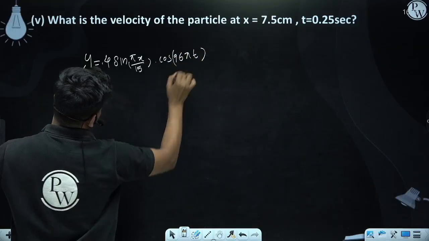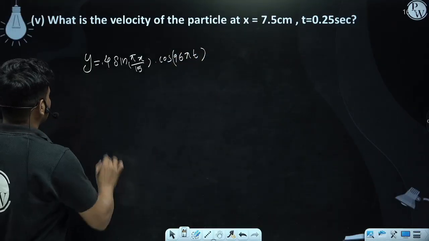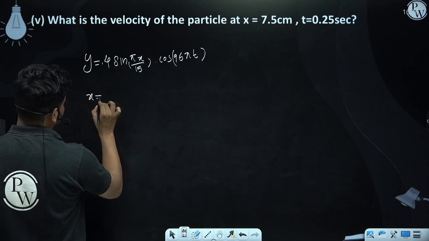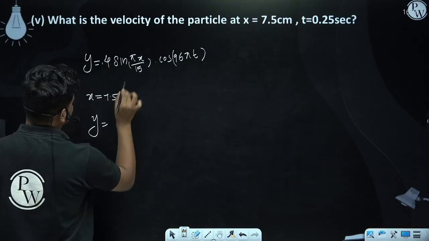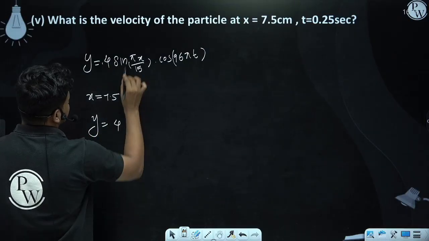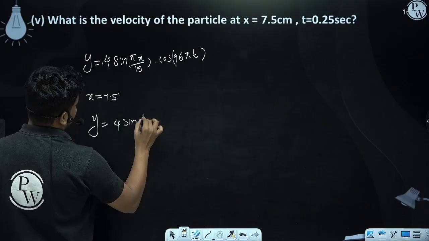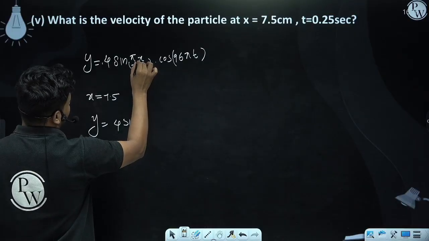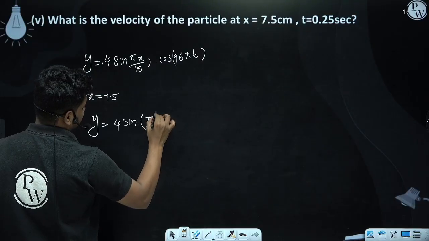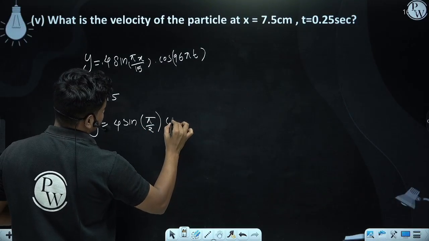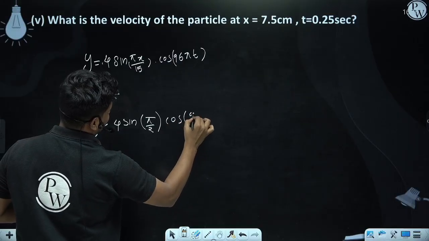At x equal to 7.5, this becomes 4 into sine pi into 7.5 by 15, which is pi by 2, into cos 96 pi t.